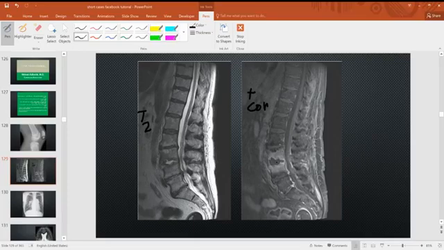What is the most common cause of organism in infective spondylodiscitis? What is the most common organism? Let us see your answer.